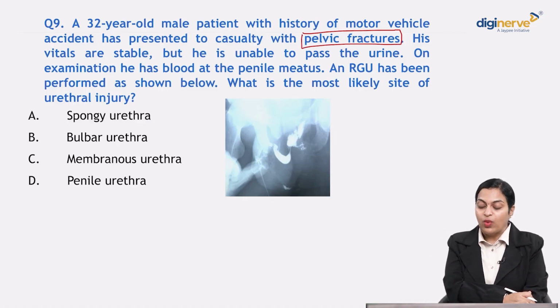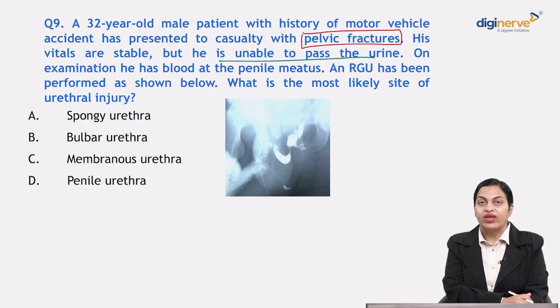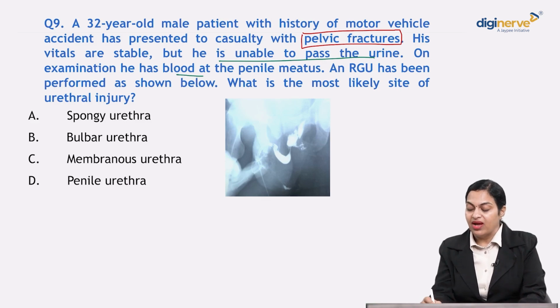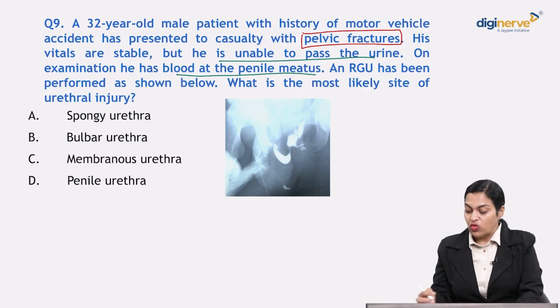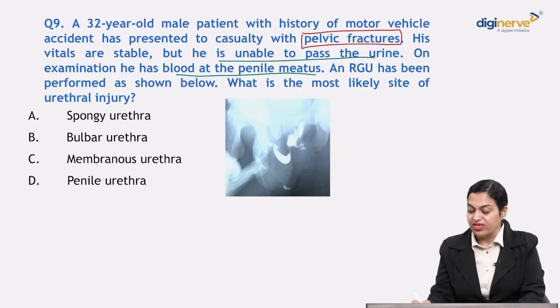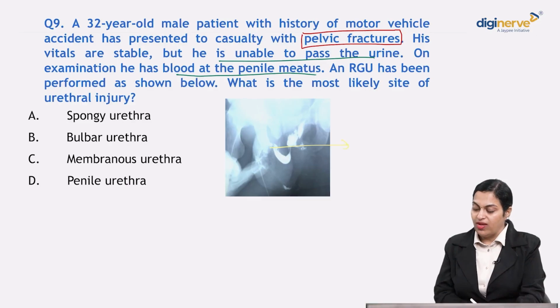His vitals are stable, but he is unable to pass urine. On examination, there is blood at the penile meatus. A retrograde urethrogram has been performed and is shown below. The contrast in this picture is not confined to the urethra. It has extravasated because there is rupture of the urethra.